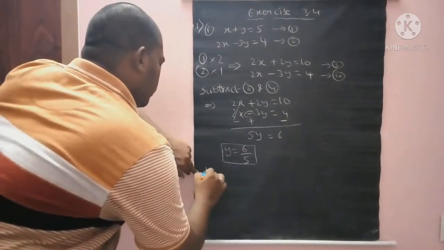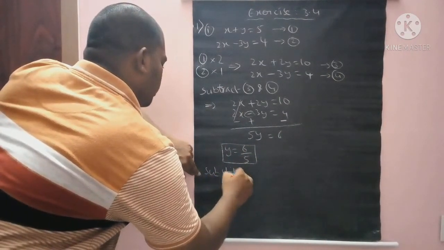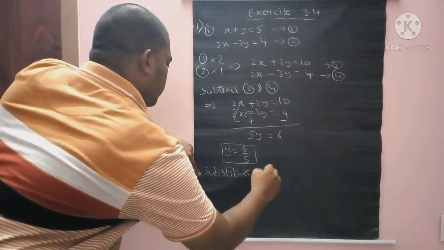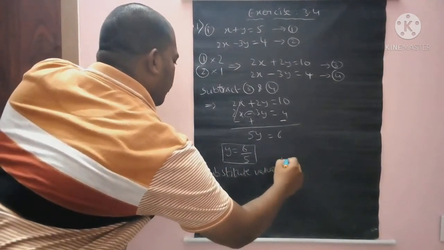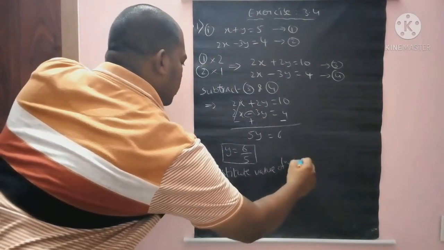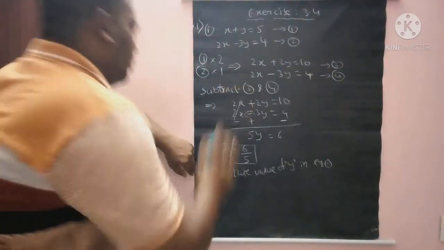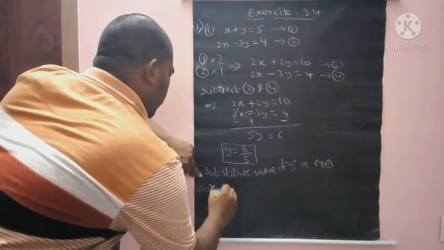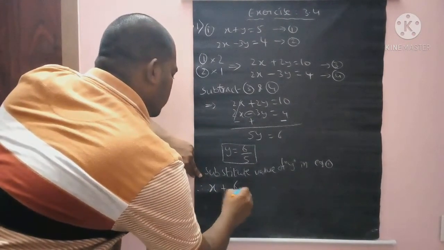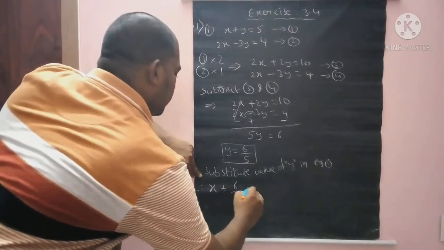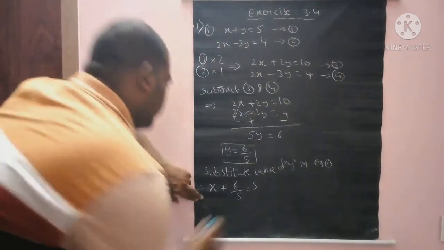So substitute the value of y in equation 1. Then x plus 6 by 5 equals 5.